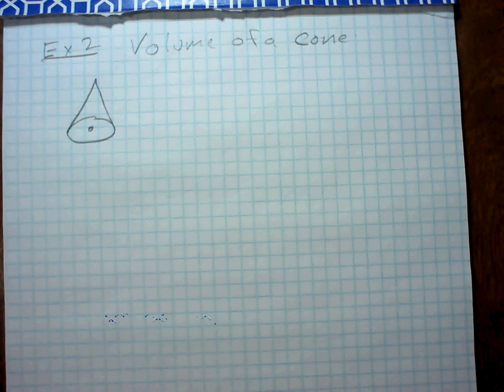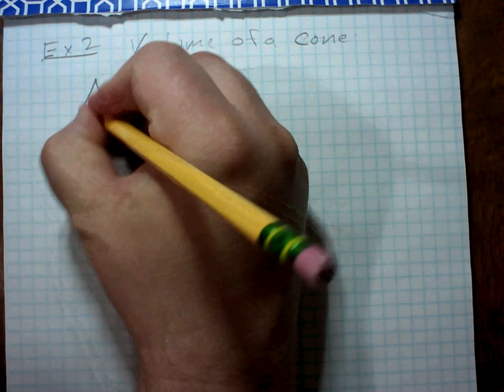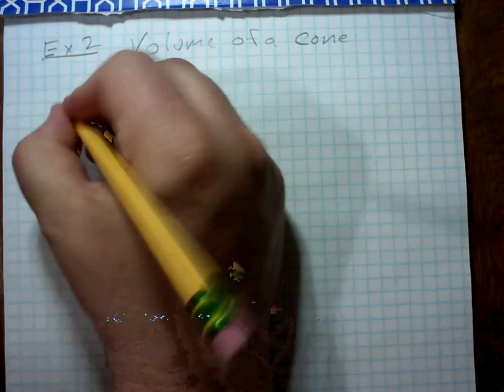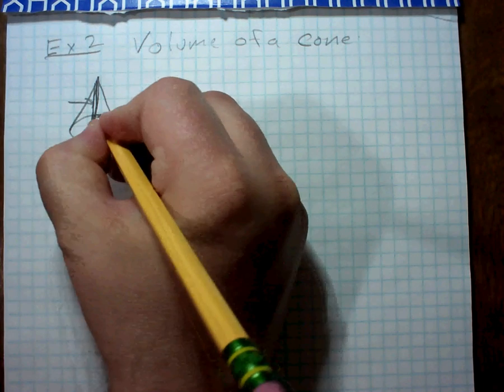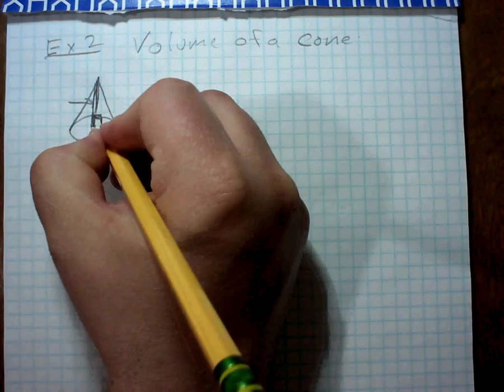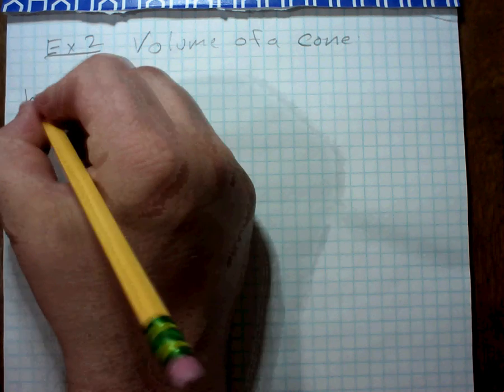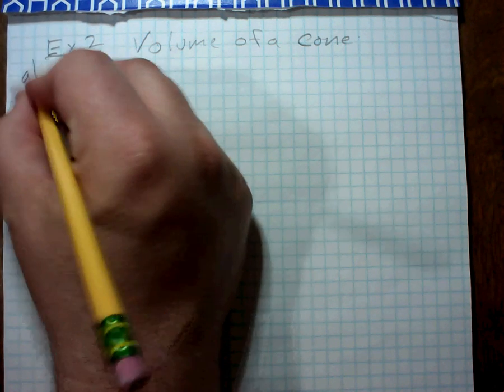So the only difference between this formula and the other formula is the surface area uses the slant height, and this formula uses the altitude height.